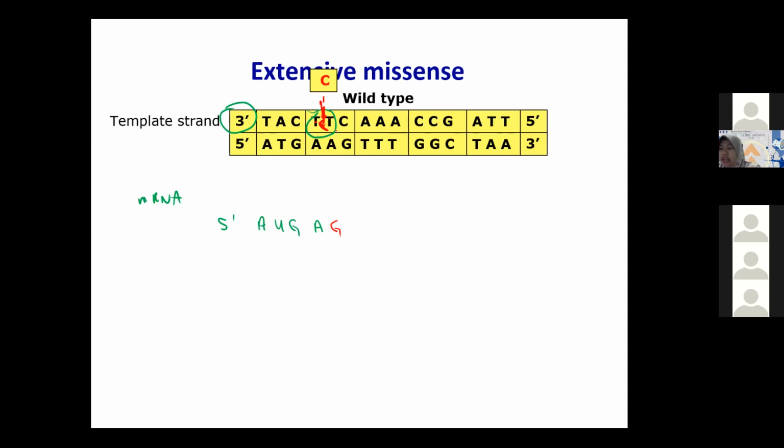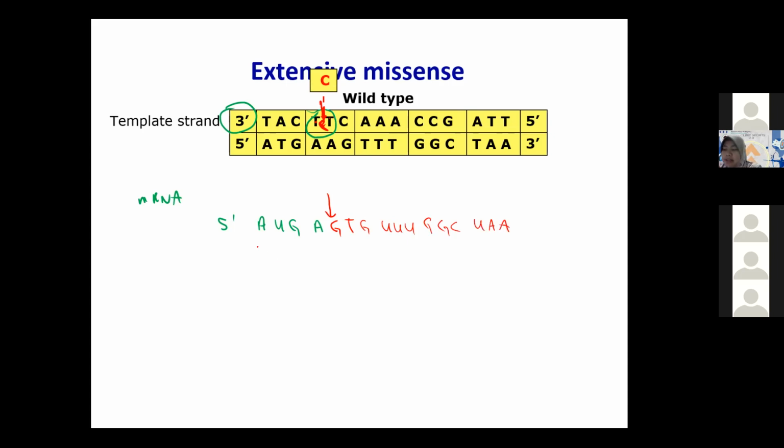So you can see, starting from the point of mutation and the following sequence will be changed. So this is what we call a frame shift mutation. So this is T, then G, then U, then G, C, and then U, A.